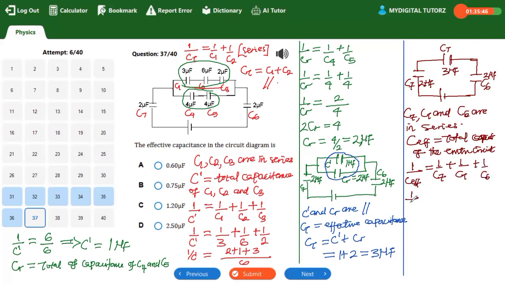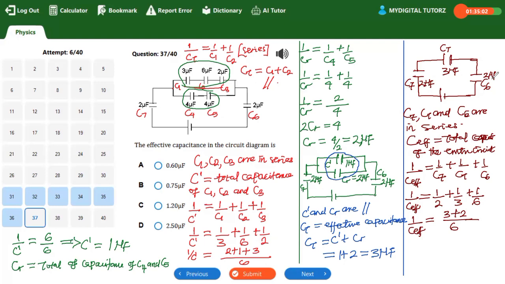So 1 over C effective will be equal to 1 over C7, which is 2, plus CT, which is 3, then plus C6, which is 2.